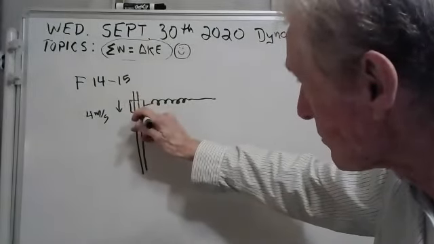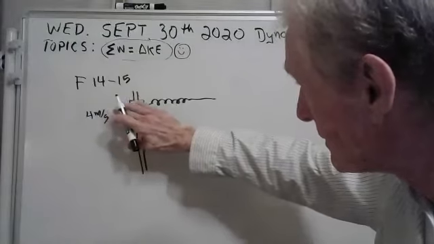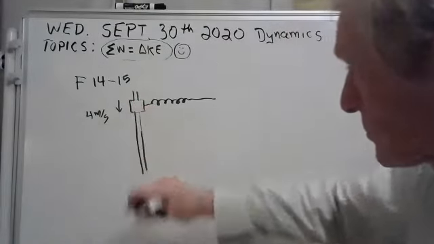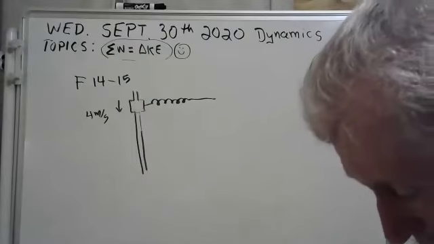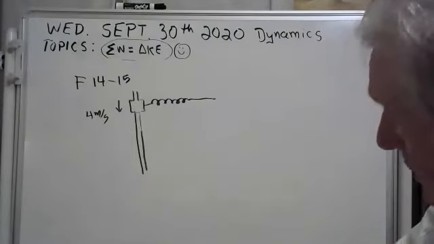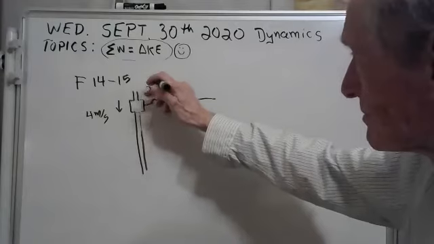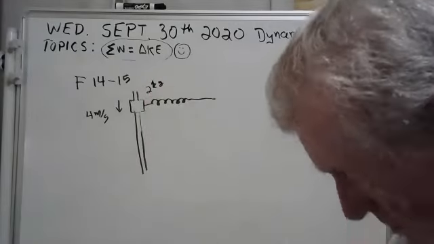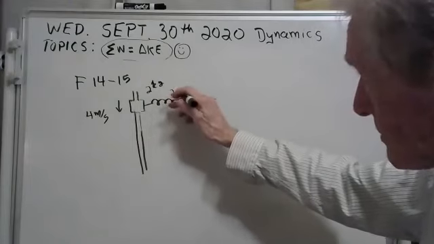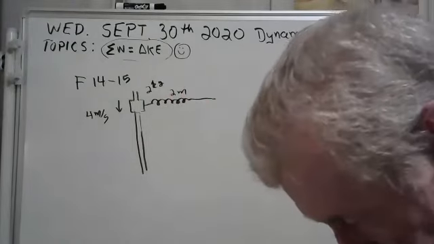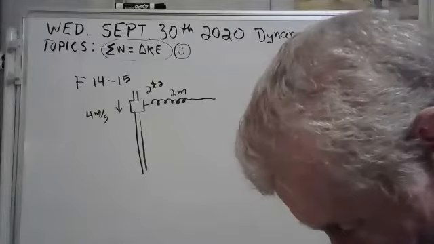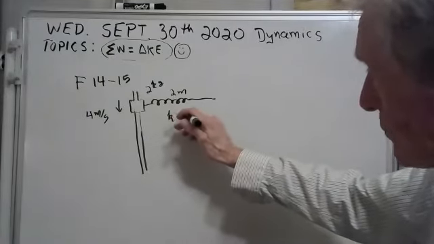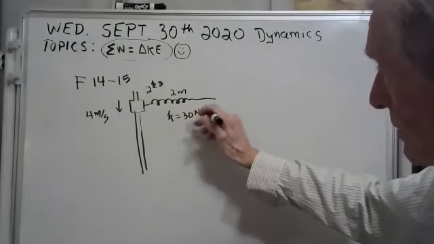I think I erased the wrong lines there. Yeah, there we go. There's this collar there. It's a 2 kilogram collar, and this distance is 2 meters. The spring has a constant of 30 newtons per meter.